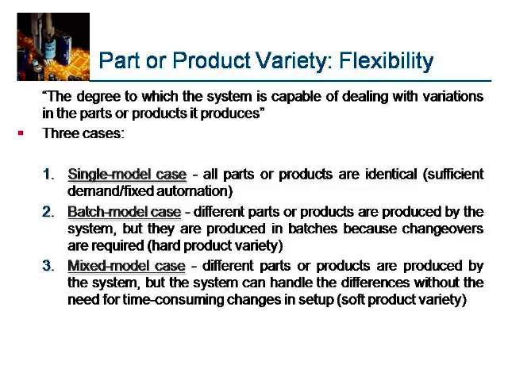Batch model case: different parts or products are produced by the system, but they are produced in batches because changeover is required. This comes under hard product variety. Mixed model case: different parts or products are produced by the system, but the system can handle the differences without the need of time-consuming changes in setup.